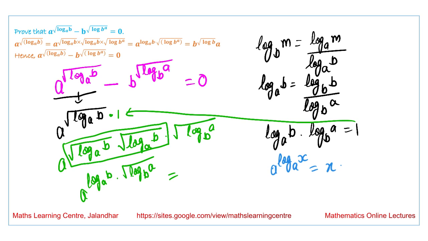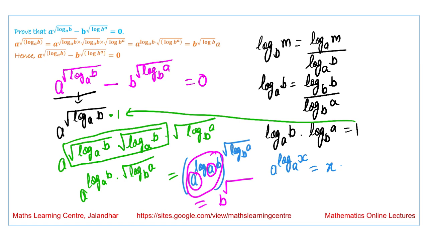So if we look at this term over here, it is a raised to the power log ab whole raised to the power square root of log ab. The value of this term will be equal to b. This base is a, so this value is b, and it is raised to the power square root of log a to the base b.